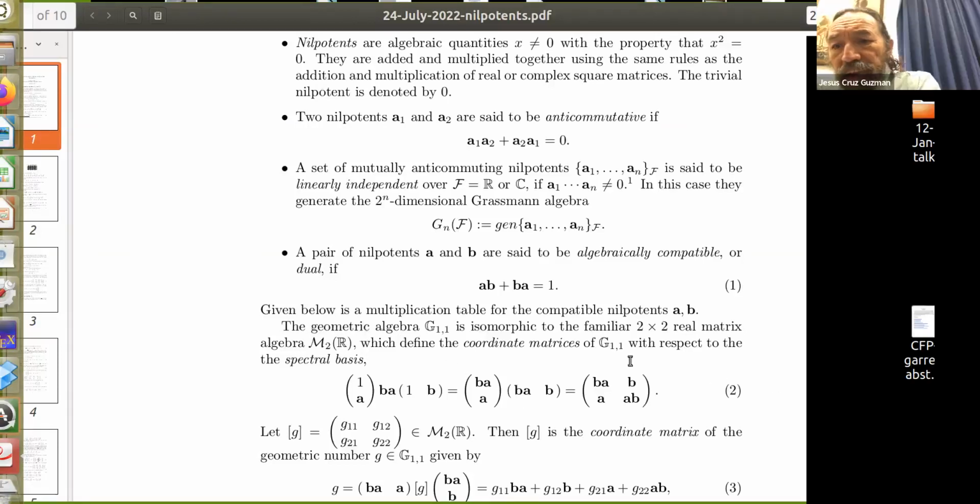Okay. Can we say, for example, that A is an element of the Grassmann algebra, but B is not an element of the Grassmann algebra? That's right. It's not an element of the Grassmann algebra G, which I define above equation 1. Yes.